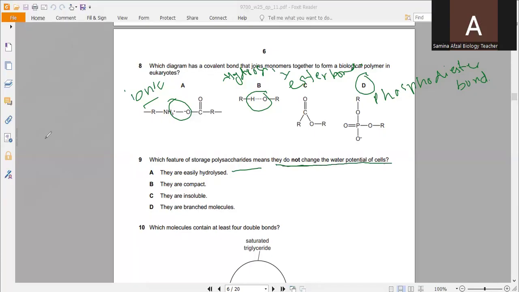When they hydrolyze, they will change the water potential. So A is not the correct option. Now B is, they are compact. Again, this is not the correct option.